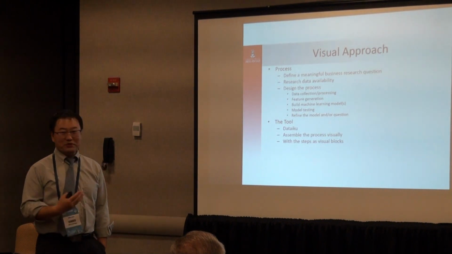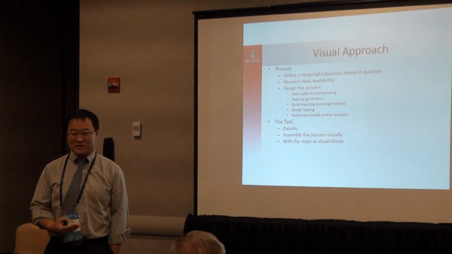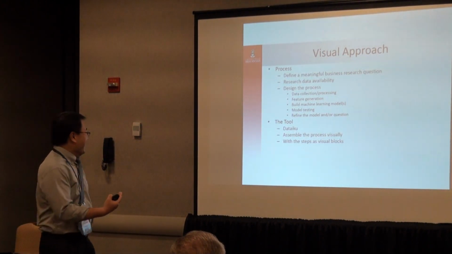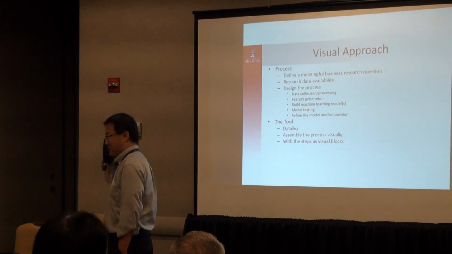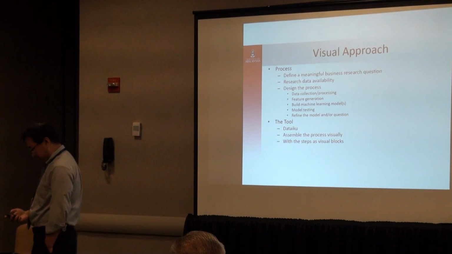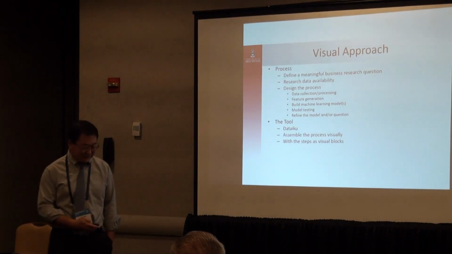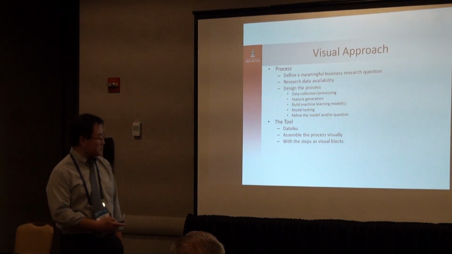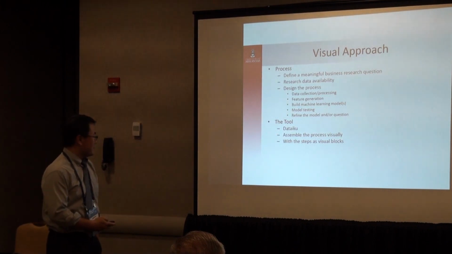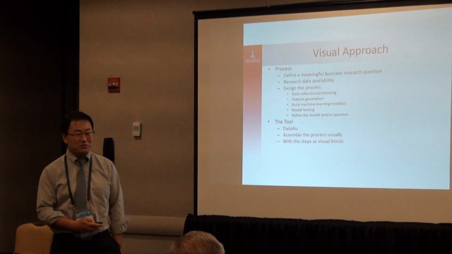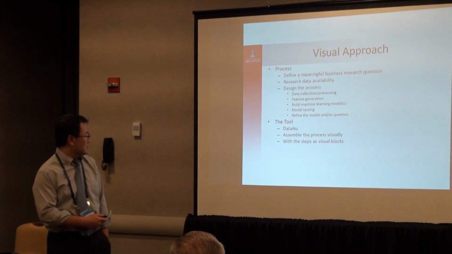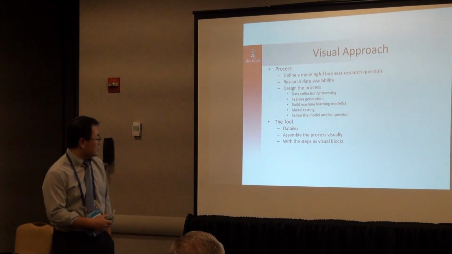Build a model, or two, three, four, five, six, seven. Then test it and see if that works, right? The difference is going to be which tool we use, right?